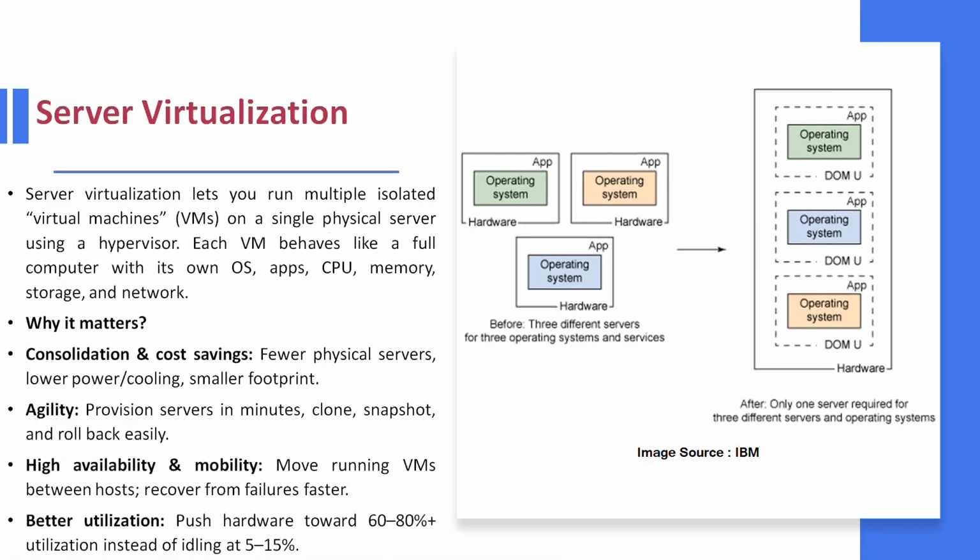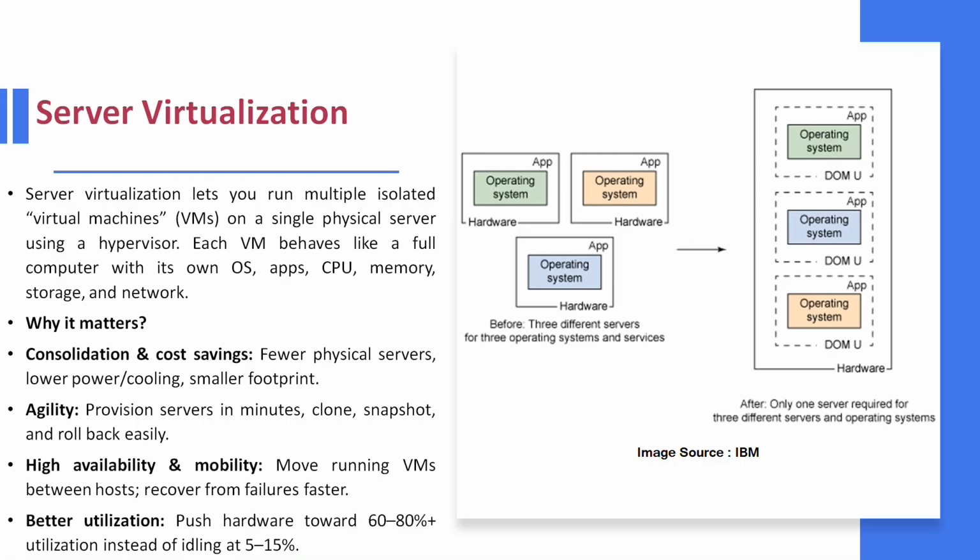Why does it matter? Because of consolidation and cost saving. Obviously you don't have to buy additional resources, you can just use the existing resources by using the virtualization concept. Agility: provision servers in minutes, clone, snapshot and roll back easily.